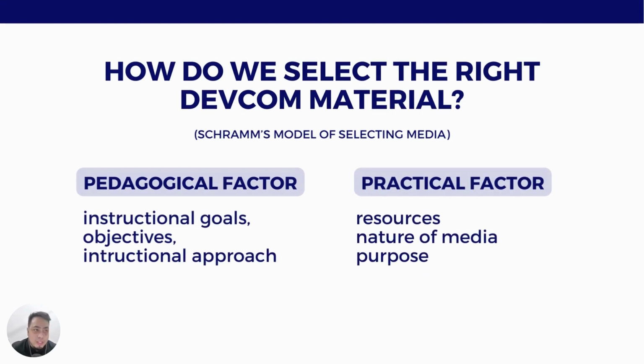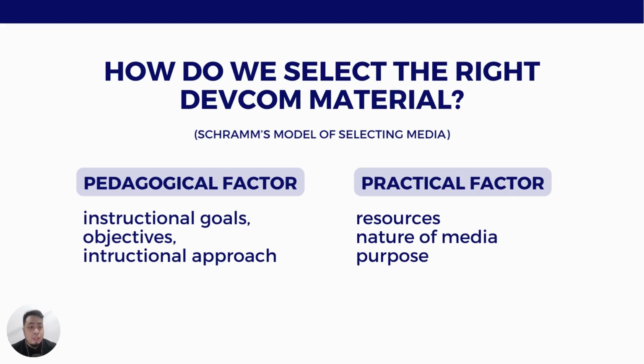So the ultimate question is, how do we select the right DevCom material? According to Schramm's model of selecting media, we have two significant factors: the instructional goals, or rather the pedagogical factor, and the practical factor.